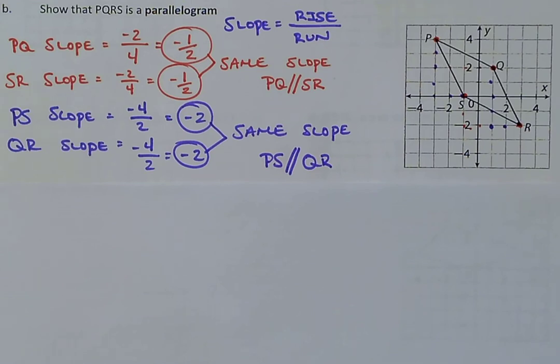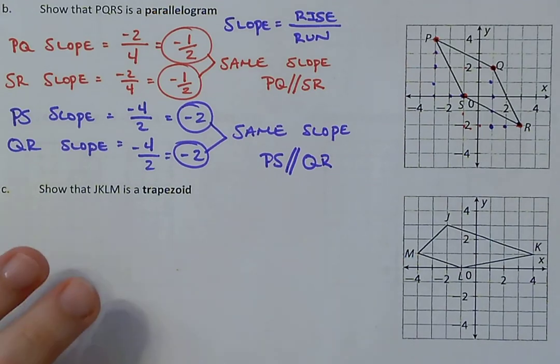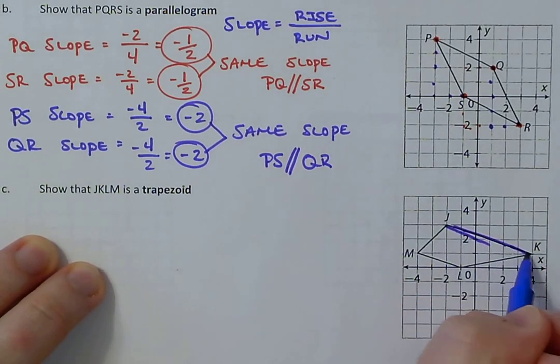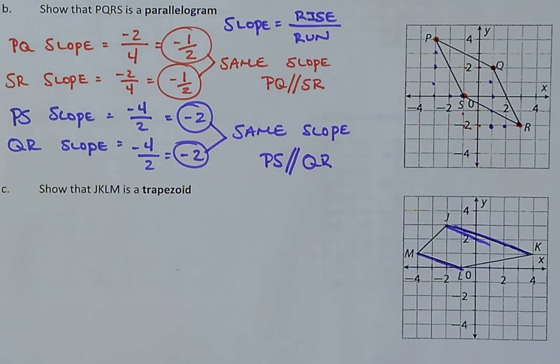Now I do have parts C and D where you would just run through the same thing. For part C, we have JKLM is a trapezoid. Because it's a trapezoid, all we need to show is that JK is parallel to ML. If we can prove that those two lines are parallel, then we know we have a trapezoid.